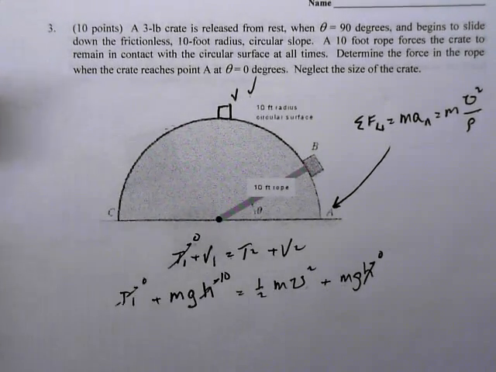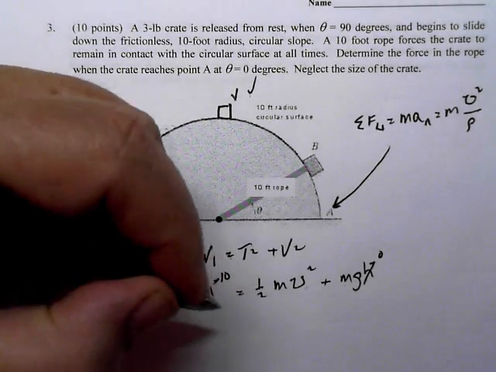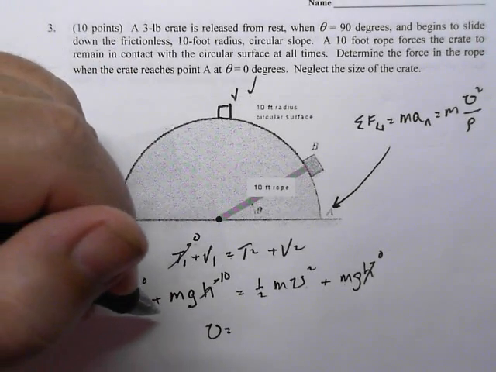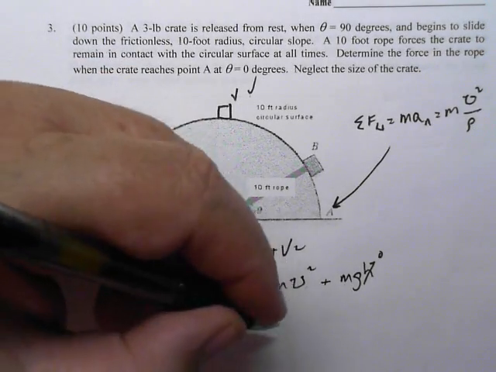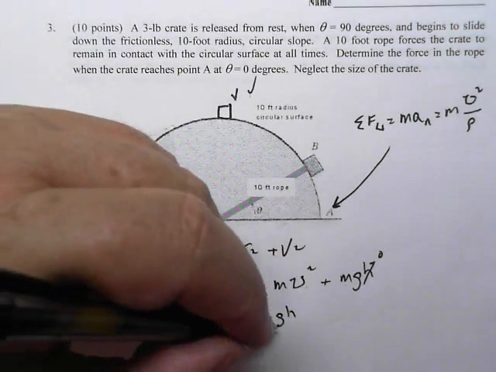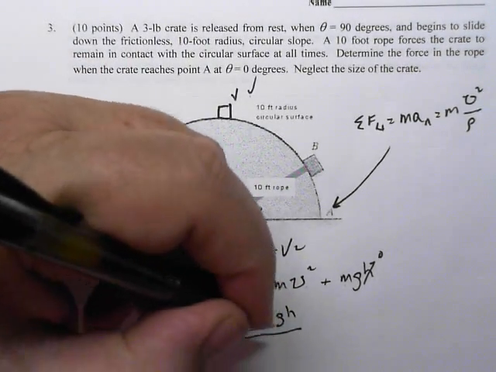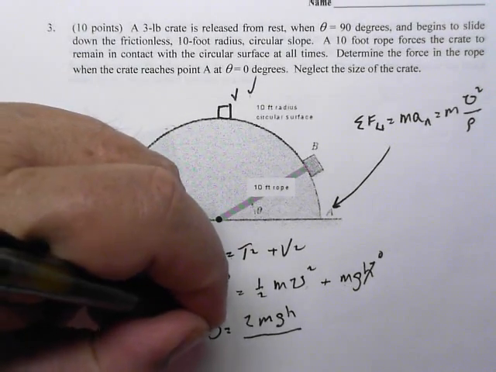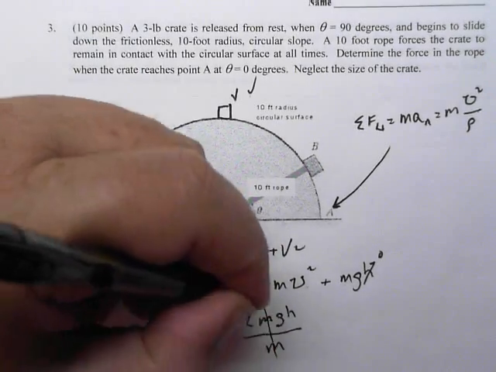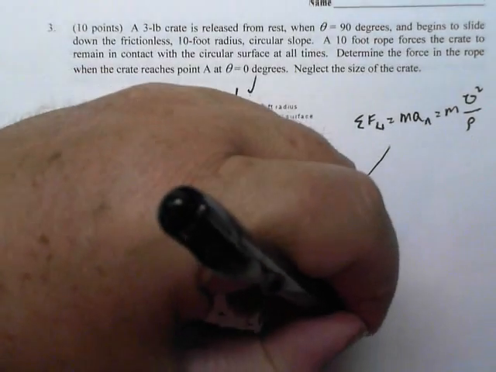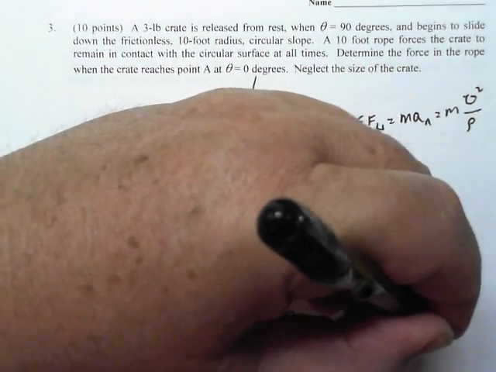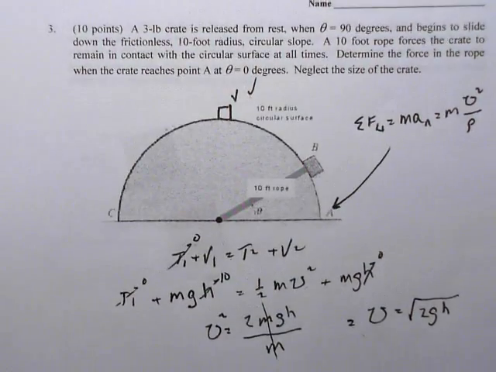This is a one equation, one unknown problem, and I'll go ahead and do the algebra. v squared is 2mgh divided by m, and the m's cancel, which says v is equal to the square root of 2gh, and we're not seeing that equation for the first time.